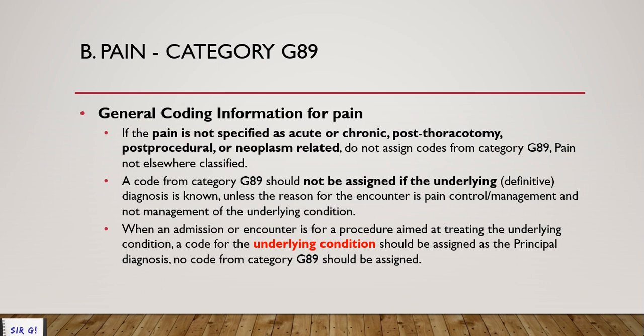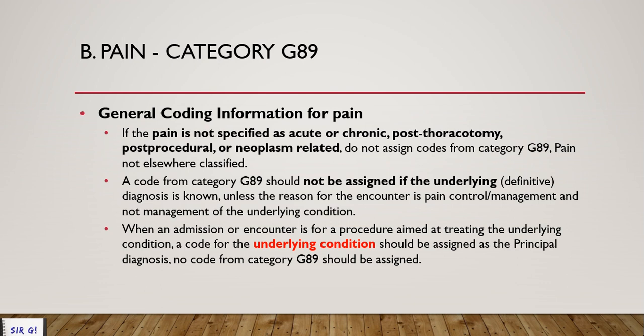When an admission or encounter is for a procedure aimed at treating the underlying condition, a code from the underlying condition should be assigned as the principal diagnosis, and no code from G89 should be assigned. The bottom line here is, if the main reason is for the treatment of the underlying condition, and we already know the definitive diagnosis, why the patient came in, code the underlying condition, and you should not use G89, because G89 is vague, a general term: pain not elsewhere classified, or pain unspecified.